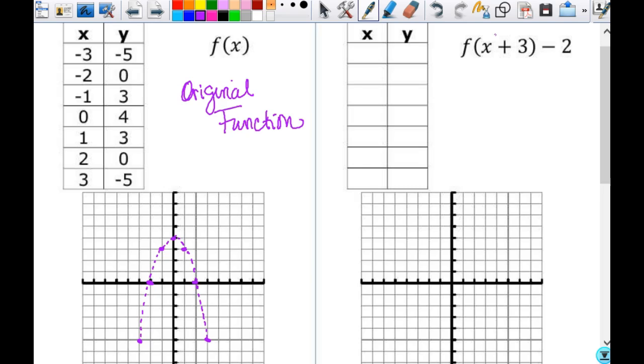But when we look at this right here, what's changing, our x or our y? Both. Okay. So what happens with the x? Okay, we're going to the left 3. So the correct word is it's a what? It's a translation, good, and it is a horizontal shift. Okay, so this is a horizontal shift.